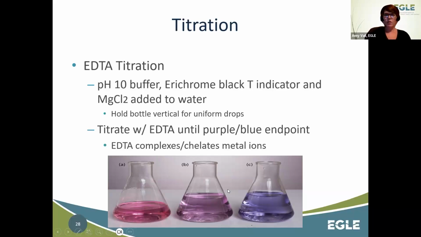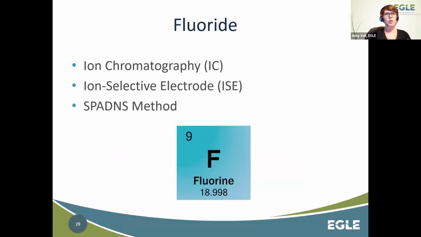Titrate with EDTA until you hit this endpoint. That EDTA binds on to metals and causes this complex to happen. So you get the color. Pretty much the same things that I talked about with alkalinity are with hardness. Overshooting the endpoint, not having the correct concentration of what you're titrating with. So all the similar things.